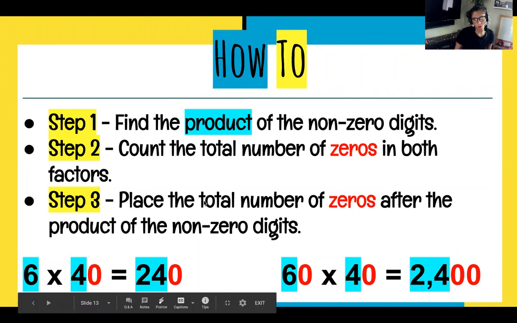And then what I want to do is make sure that my product has the total amount of zeros. So in this first problem, there's only 1 zero in both of my factors, so I need to make sure my product has 1 zero in it. In this multiplication problem, there are how many?